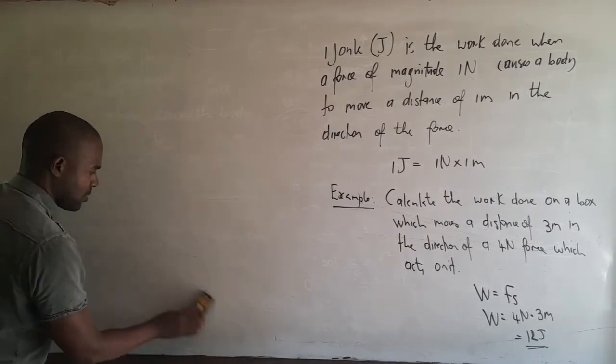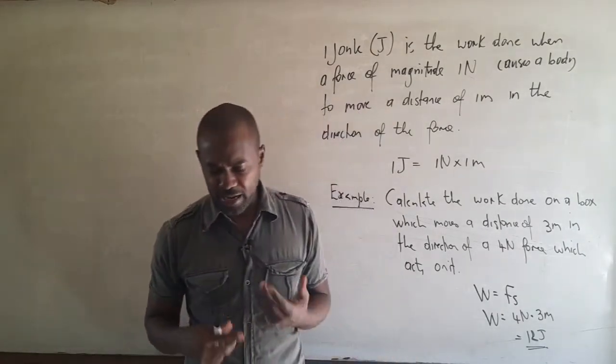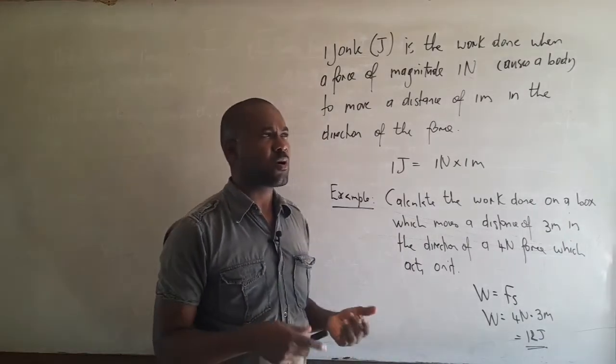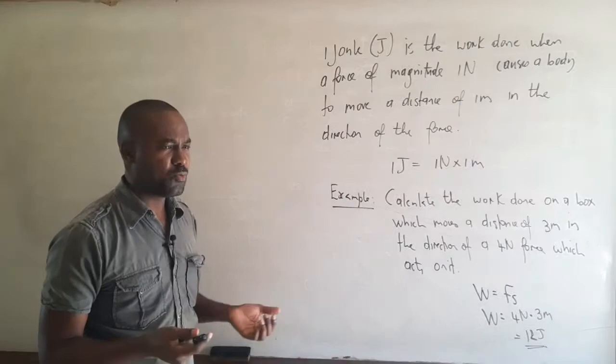Now, when we looked at energy, we said that of course energy is the ability to do work. And in order to do work, a body must possess energy. If a body possesses no energy, it can do no work.